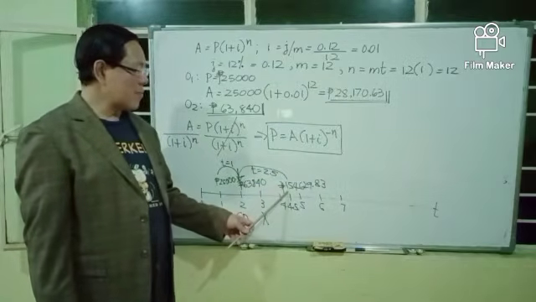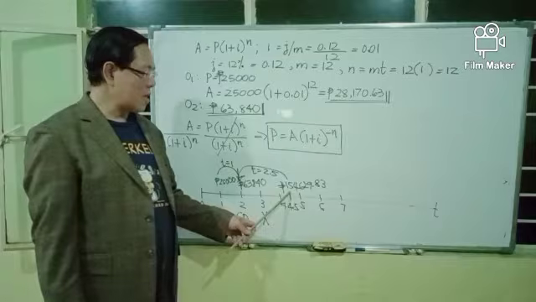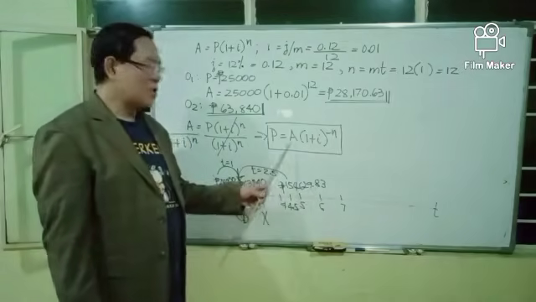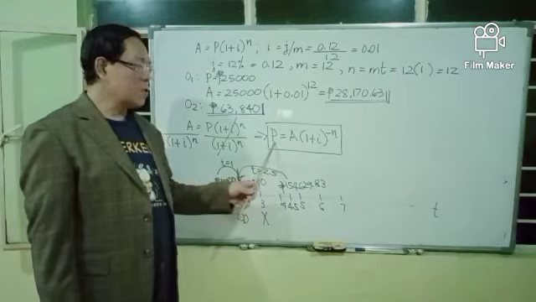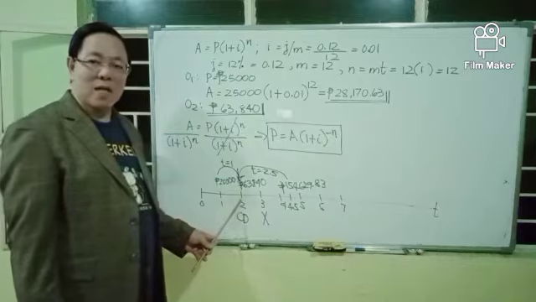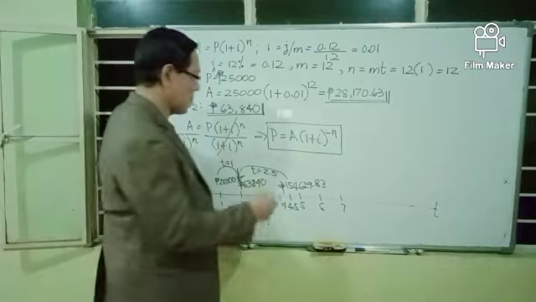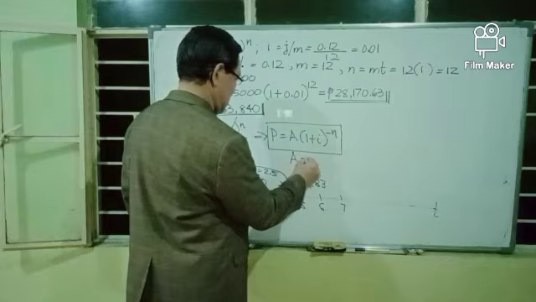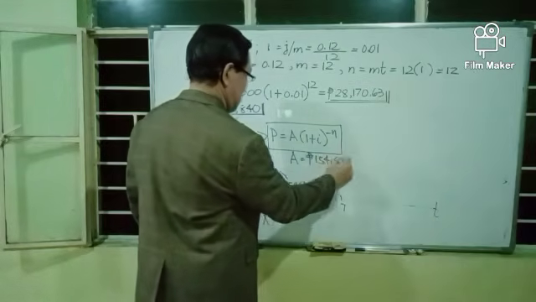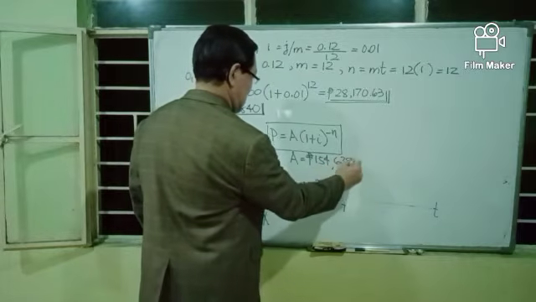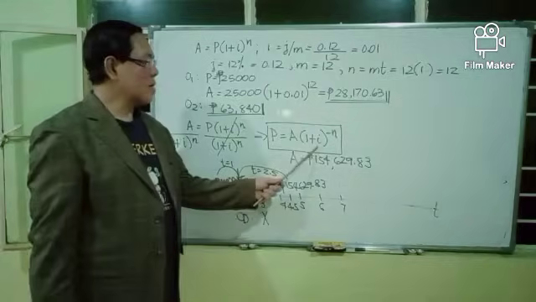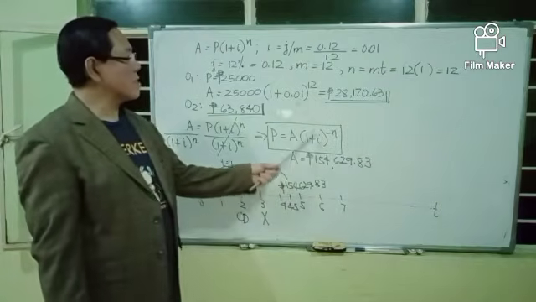Since we want to find the present value of 154,629.83, we take this amount as your A, the accumulated value of the amount P we want to find at an earlier date. And the interest rate i is the same.